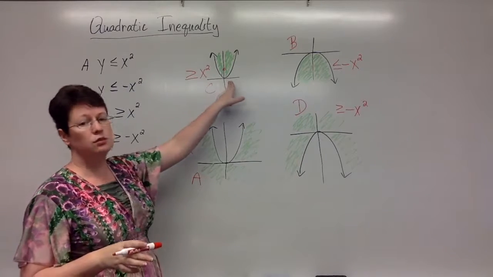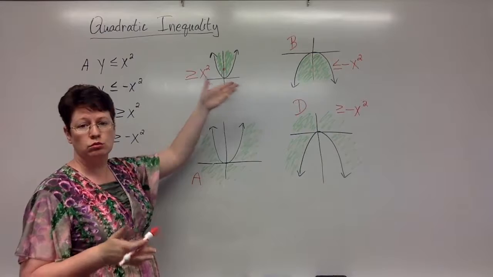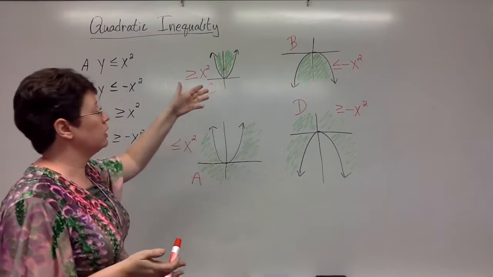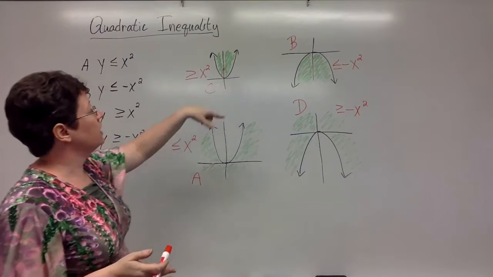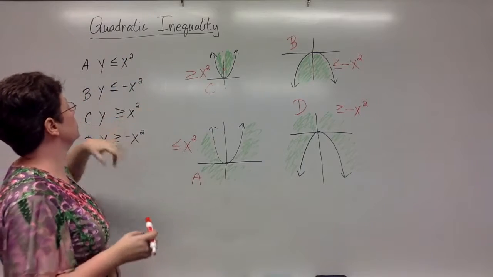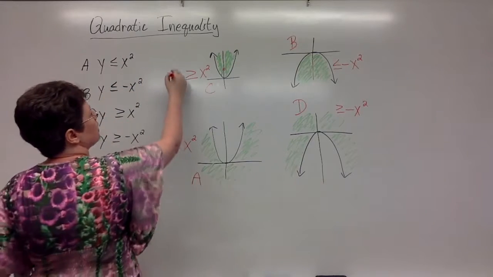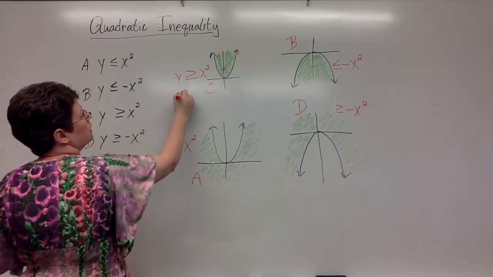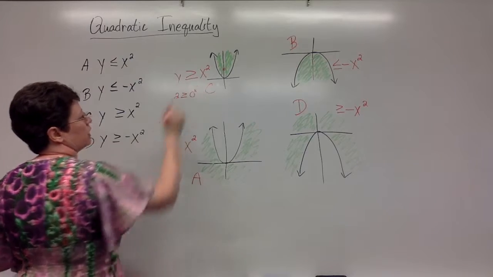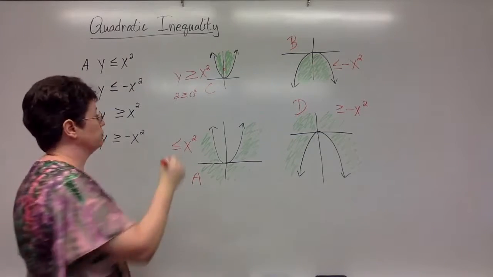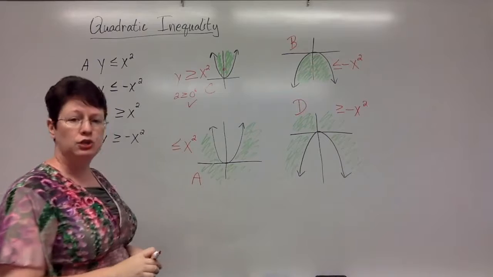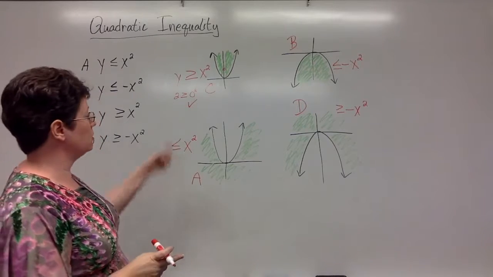We could say that's 0, 2. So if I plug in 0, 2, what would I get? So we said that's y greater. So 2 is greater than or equal to 0 squared. Is that true? Yes. 2 is greater than or equal to 0.